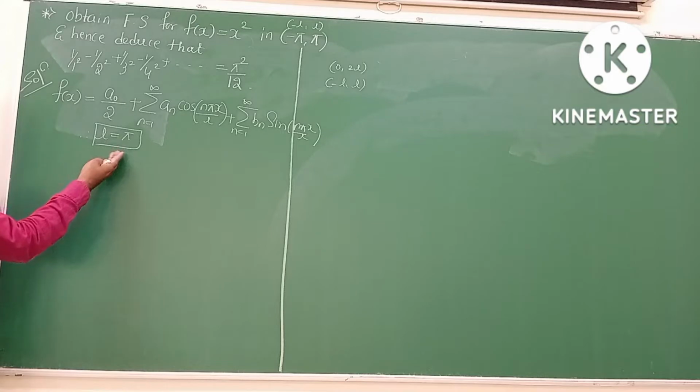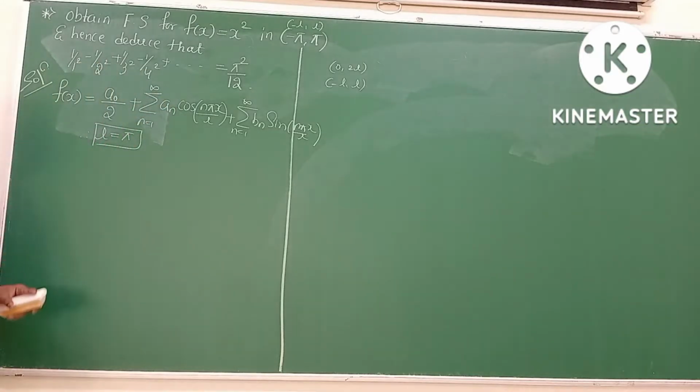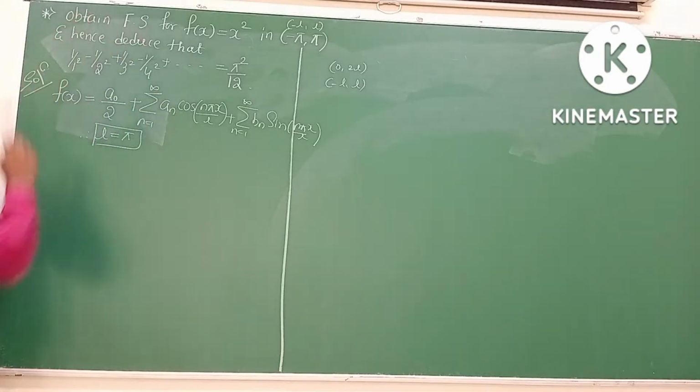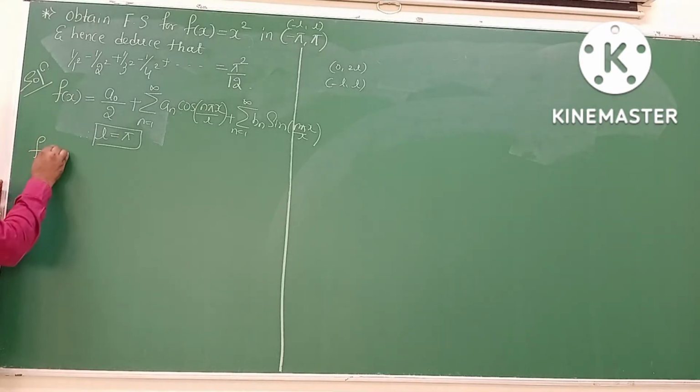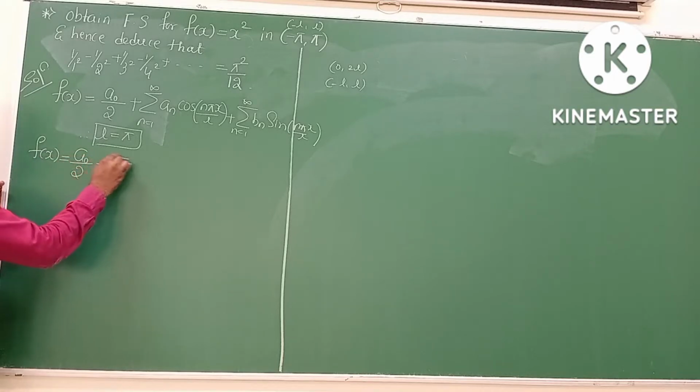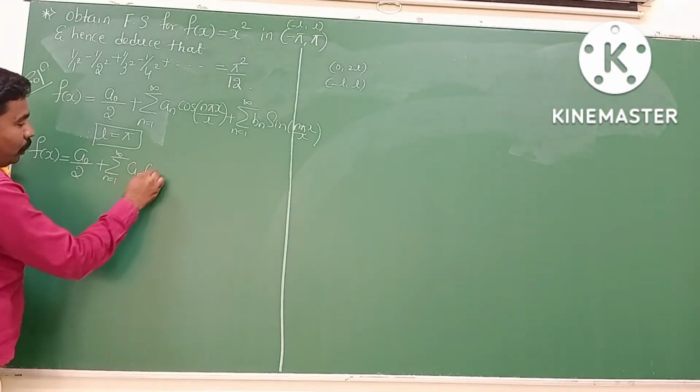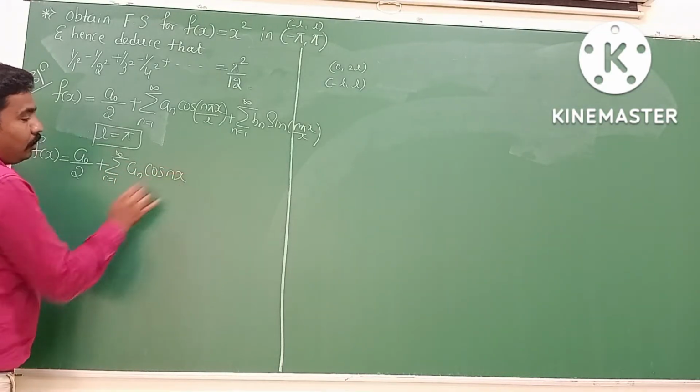So if I substitute L equal to pi, then I will get the required Fourier series for the given function f of x equal to x square. That is f of x equal to a naught by 2 plus summation n equal to 1 to infinity a n cos nx. Why?